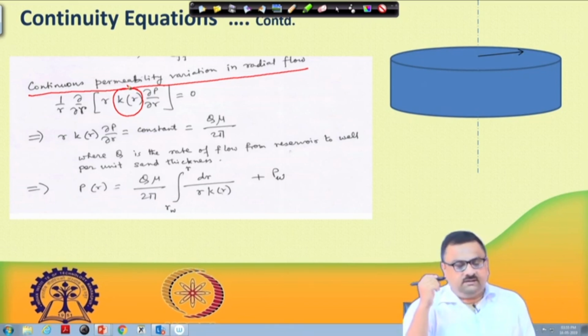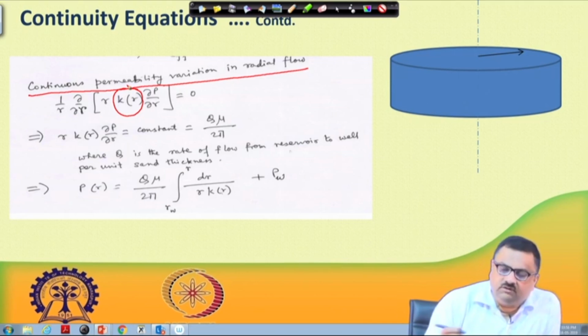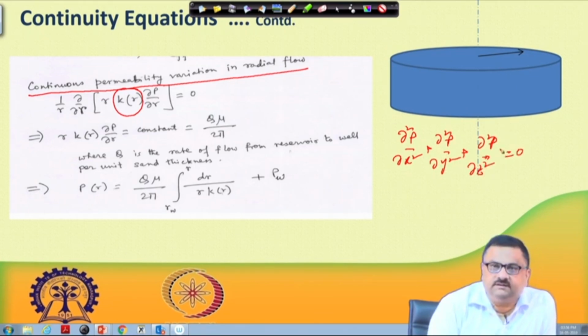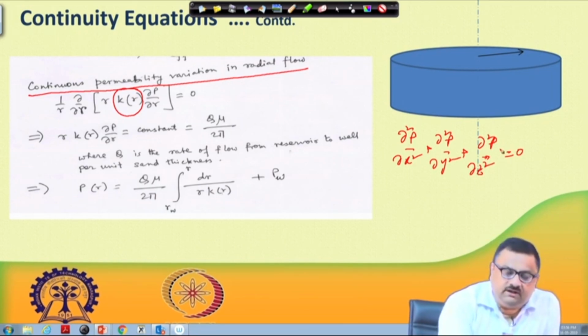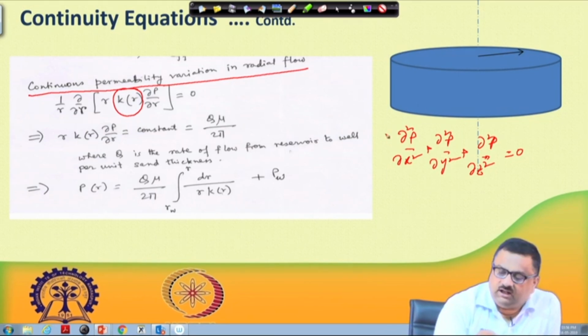In that case, what was our governing equation for radial flow? For a linear system, we had del square p del x square plus del square p del y square plus del square p del z square equal to 0. When we converted that to a radial system, we had 1 by r del r of r k by mu del p del r, plus a similar term with theta instead of y.